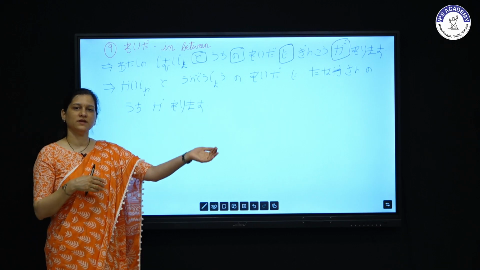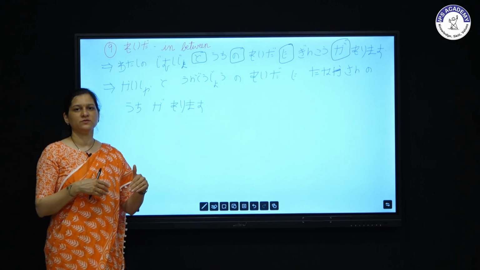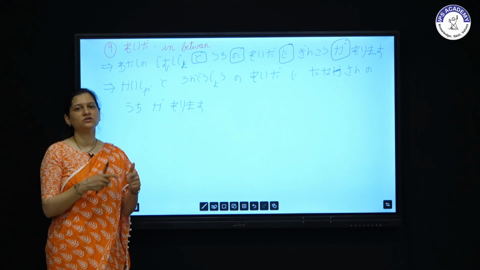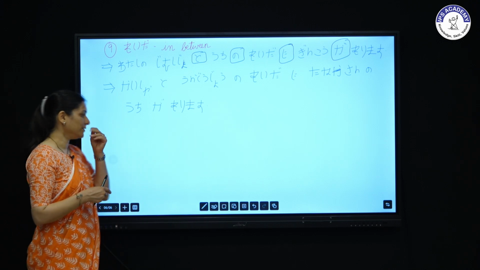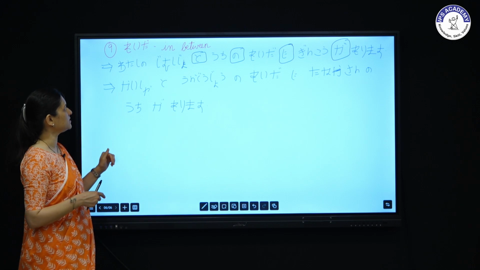Till the time you reach your office, in between the bank is there, you will reach the bank first and then you'll reach the office, isn't it? So aida means in between.